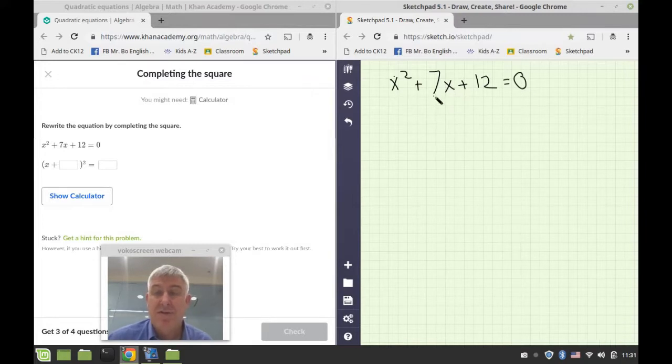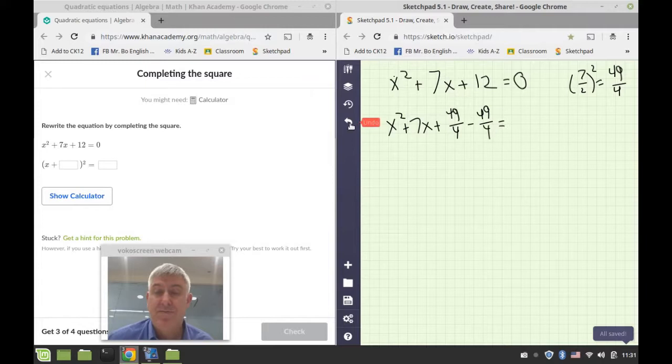We're going to take our x coefficient, which we'll call b, divide that by 2 and then square it. That gives us 49/4. So for our constant here, we need 49/4. I'm going to add 49/4 and subtract 49/4 again.